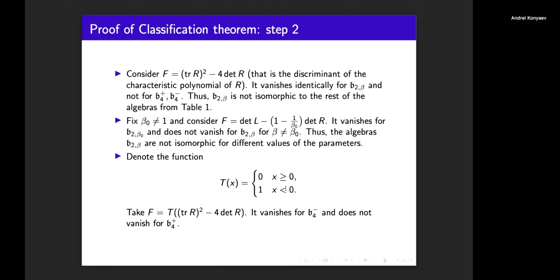So same here, we go over the different functions, and there is supposed to be a typo here. It's supposed to be beta equals beta 0 here, and we see that the algebras are not isomorphic for different betas, and pairwise they're not isomorphic.